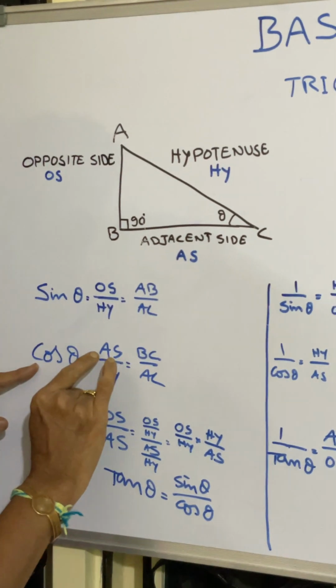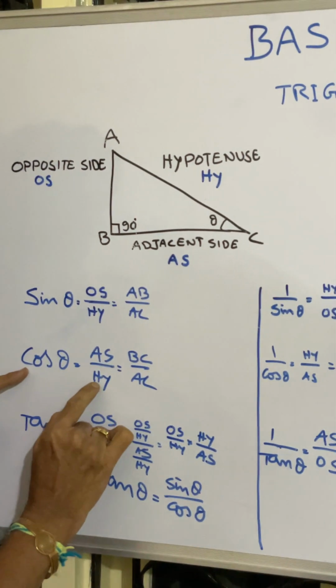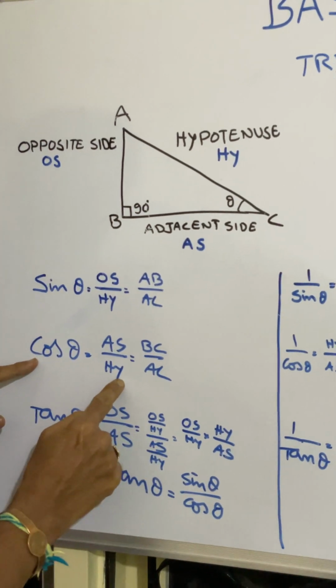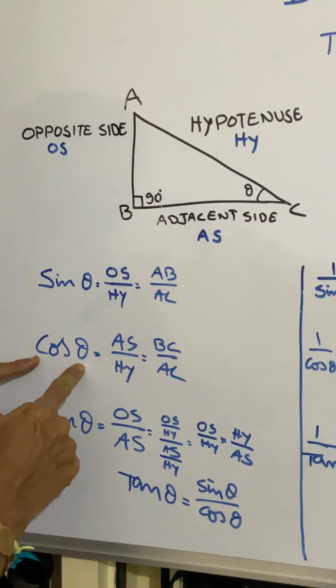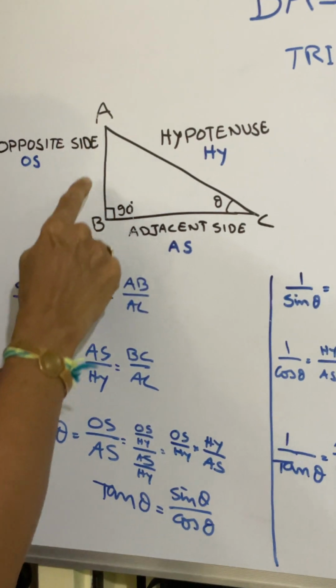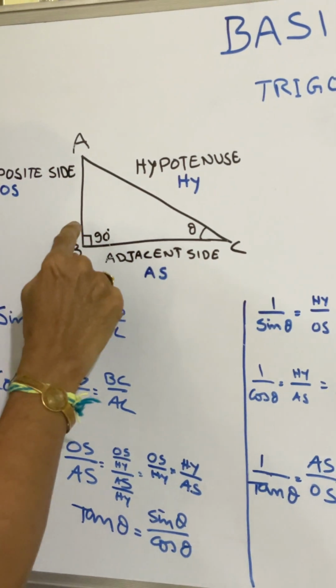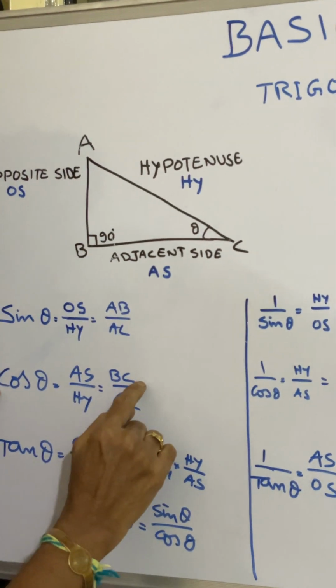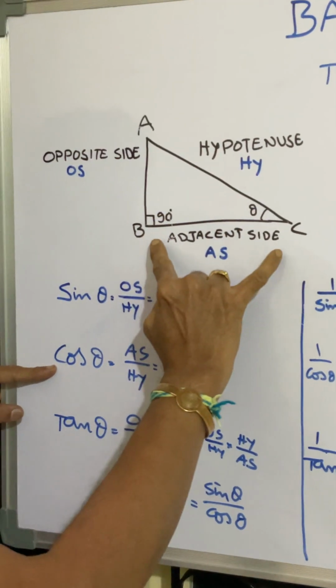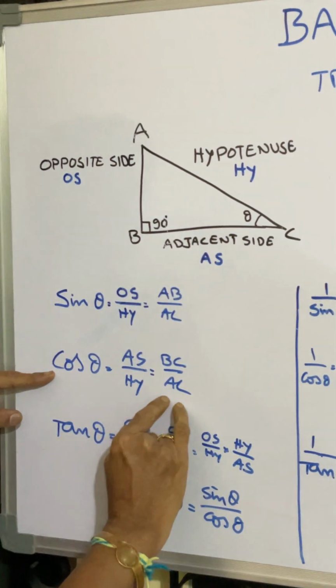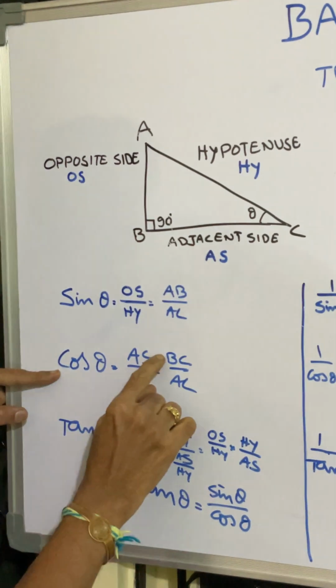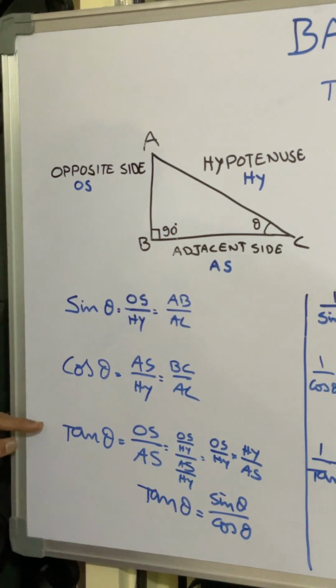And the ratio of adjacent side by hypotenuse, we call it cos theta. In this triangle, BC by AC, where BC is the adjacent side and AC is the hypotenuse. So we are taking these two ratios.